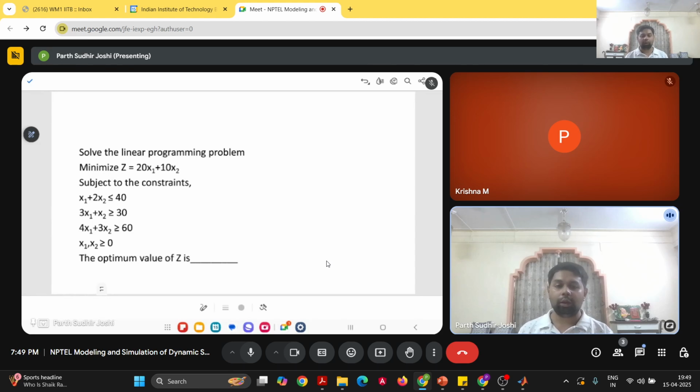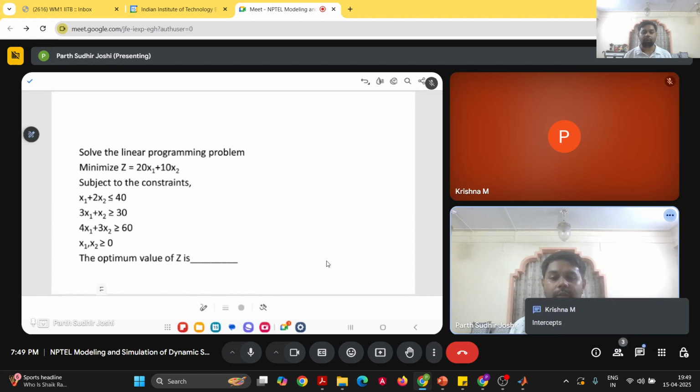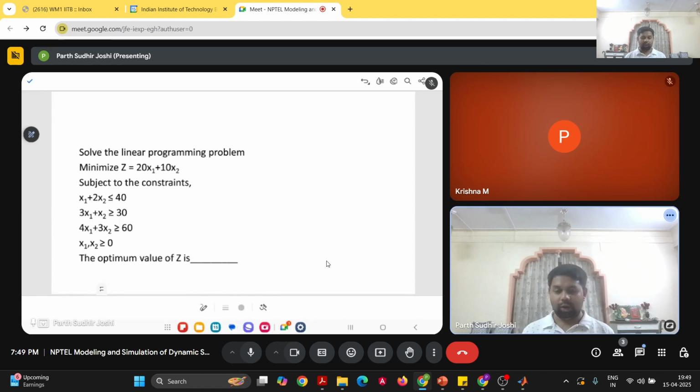What is a good method to plot the constraint lines in the graph? Yes, so you're right. So we can basically plot the x and y intercept for each constraint line and draw the line which is joining those points, like the coordinates of the x and y intercept.